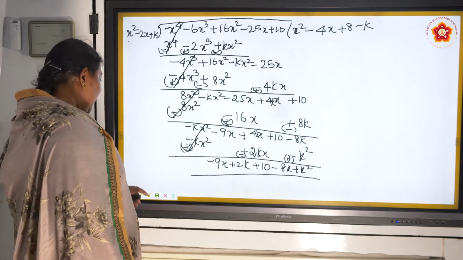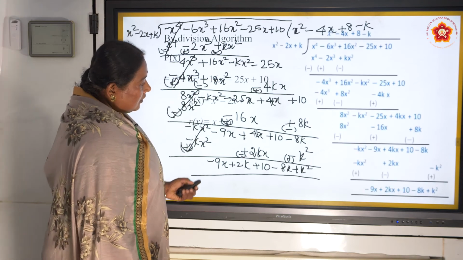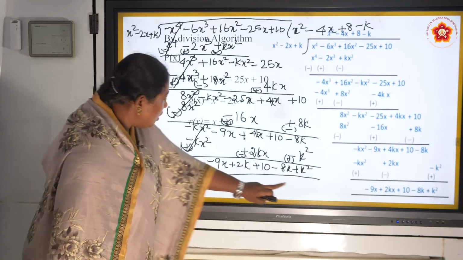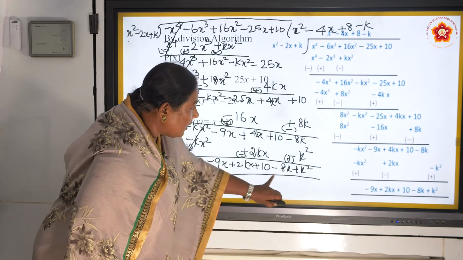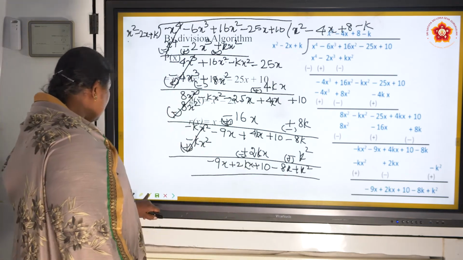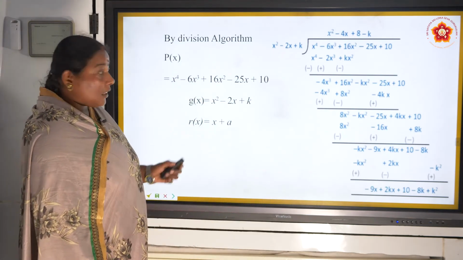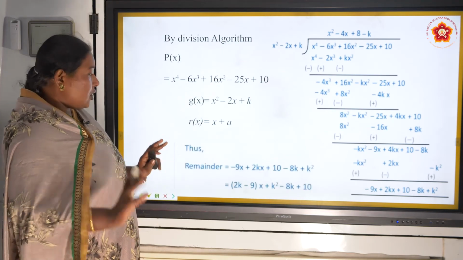Okay. Let us check whether my remainder is the same. See, minus 9x plus 2kx. So I have written kx plus 10 minus 8k plus k square. Yes, we got our remainder correctly. Now, next thing, very easy. Compare the remainder. That's all.